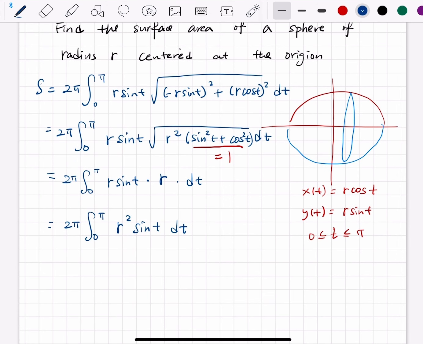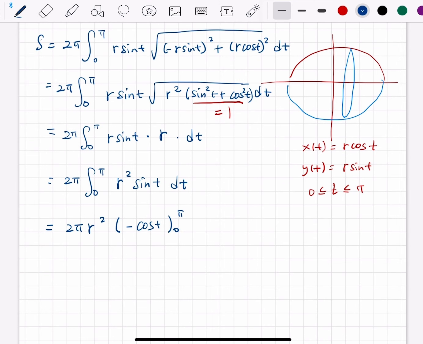r is a constant, so we can put it out. The only thing we need to take the antiderivative of is sine of t, which is negative cosine of t. Evaluate it from 0 to pi.